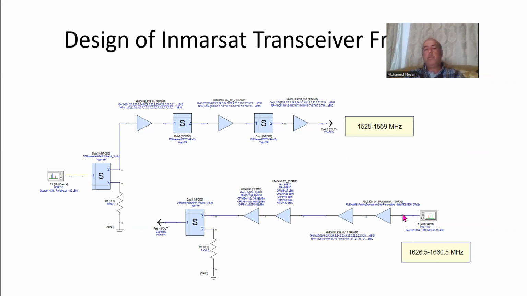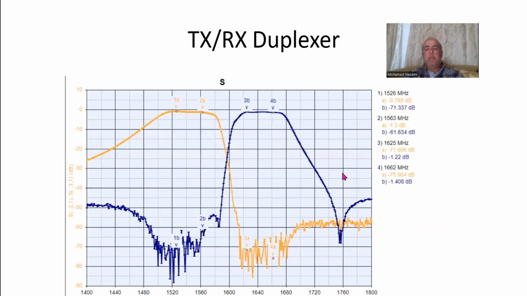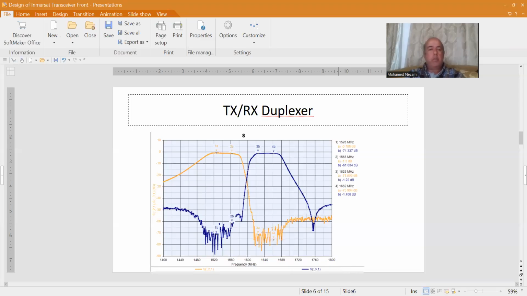Same thing in here. I didn't use a filter in here because I assume the modulator is an expensive piece of equipment and it must have a clean spectrum when it comes out, so you don't need a filter. We could have stuck a filter right here. By the way, they have ceramic filters that are specific for this band, for the BGAN, okay? So looking at the frequency response, let's look at these in the simulator.